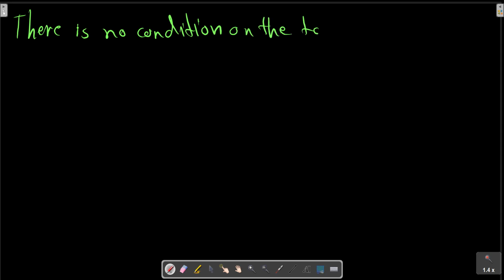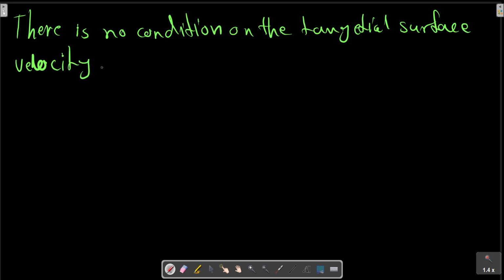So in this case there is no condition on the tangential surface velocity on S. S is the coordinate along the surface.